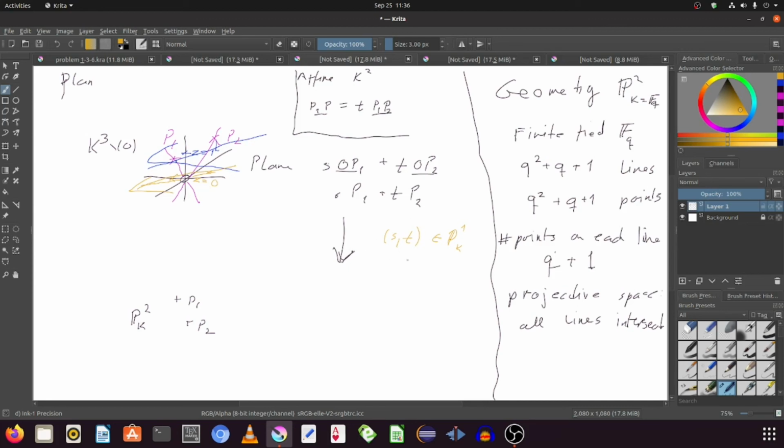So that gives a one-to-one correspondence. So we have to prove that distinct points (s,t) give distinct points here, and distinct points here come from distinct (s,t)'s. There should be an elegant way to do that, really.